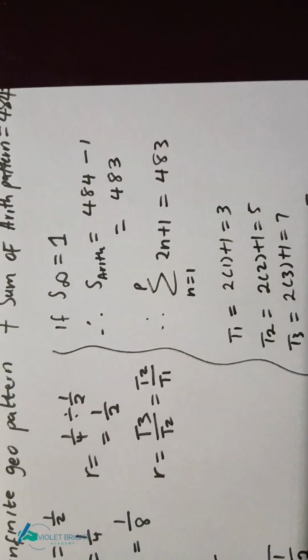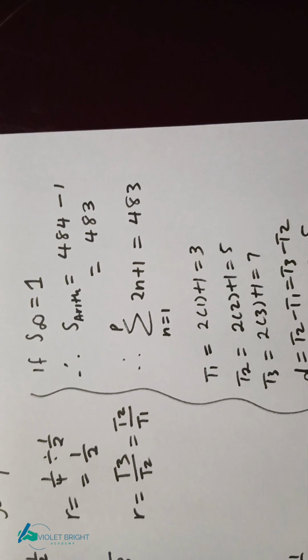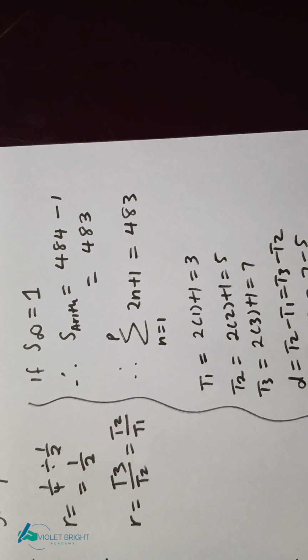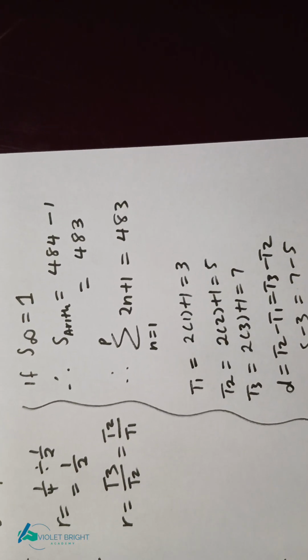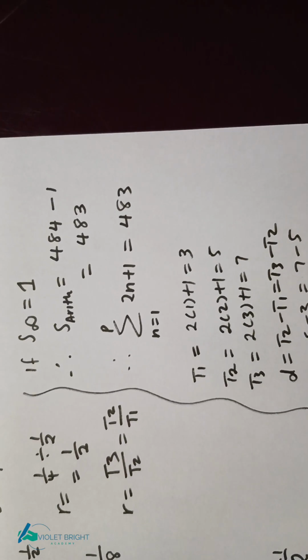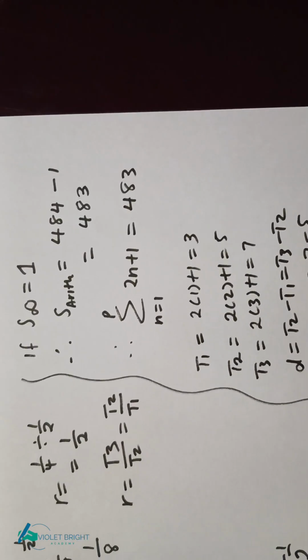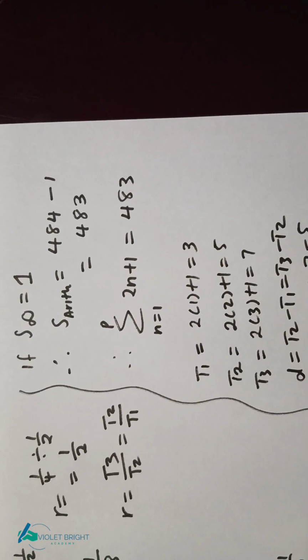So remember, what is the value of P? Again, the value of P shows you the last term in the sequence. If the number starts from n equals 1 and maybe ends at 34, it shows us that there are 34 terms in the sequence.